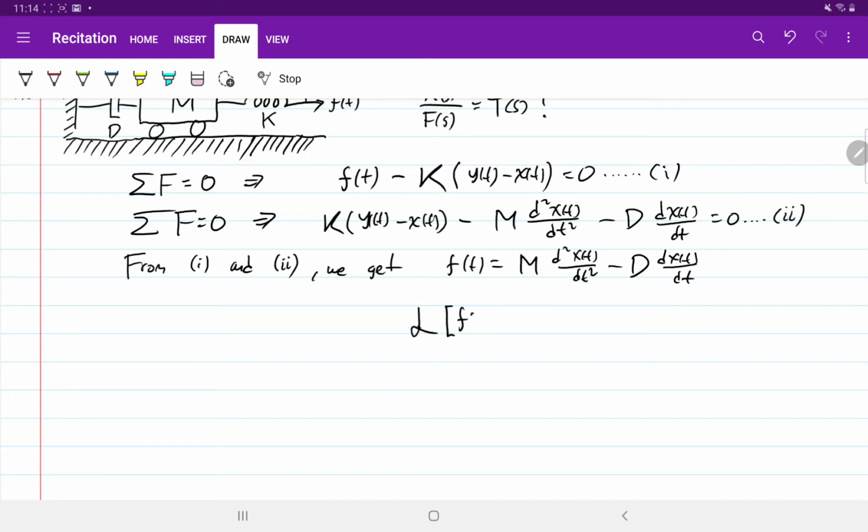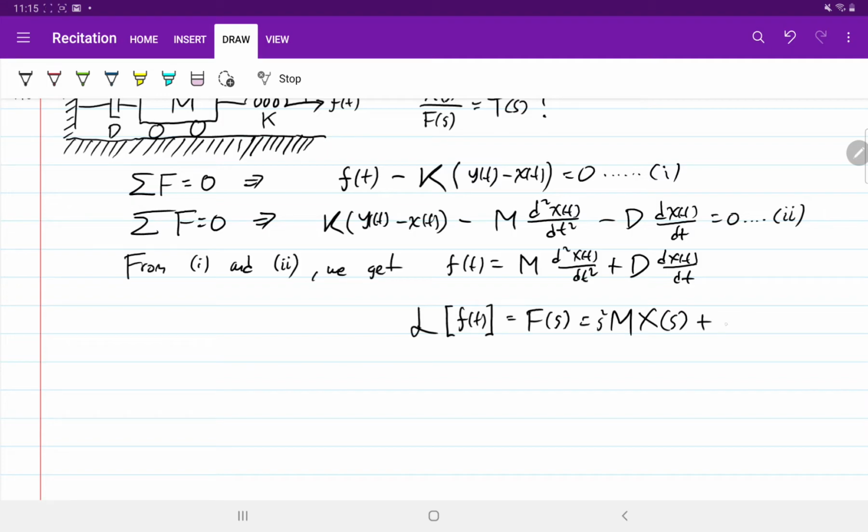So the Laplace of f(t) is F(s) equals m times the Laplace transform of d squared x(t) over dt squared, given zero initial condition, which is s squared X(s). This should be plus.